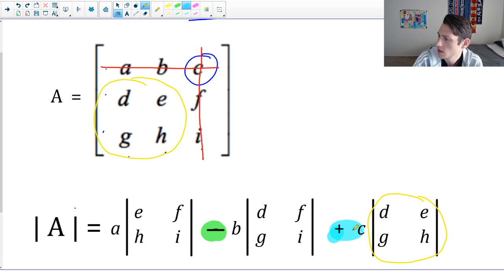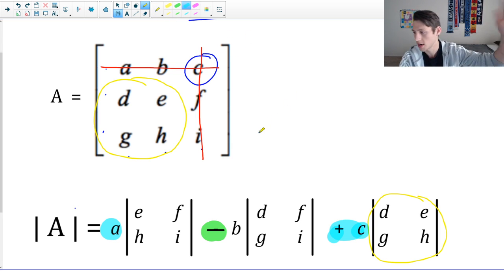So this is plus C, this is just A. But for whatever B is, we're going to change the sign of it, right? We have a minus sign in front of that. Okay, that's just part of the formula. I don't really have a great explanation for that without trying to explain much higher level stuff. But it's just how it works out.